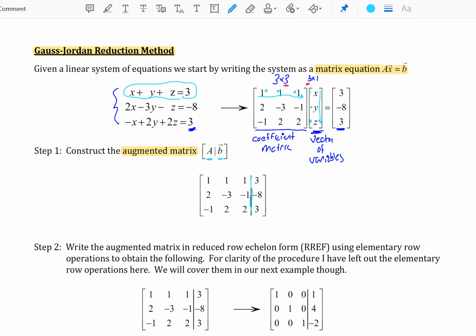Some people do not. It's a stylistic choice. I like it because it breaks off your coefficient matrix from your matrix B so you can see where they're located. But this is a stylistic choice and not something you have to do.